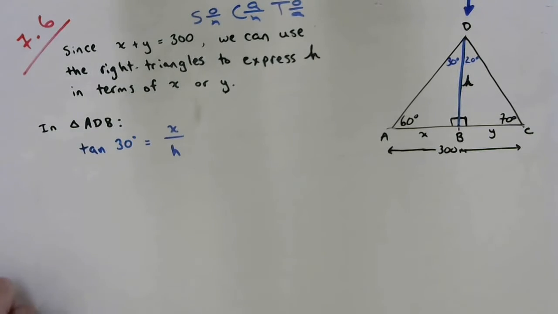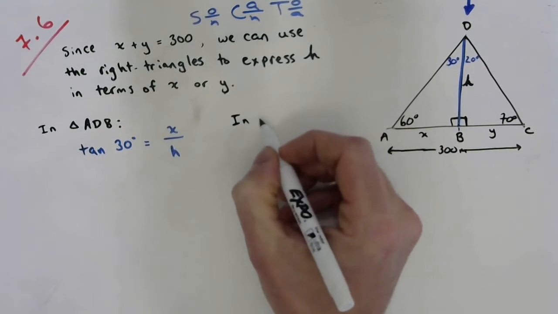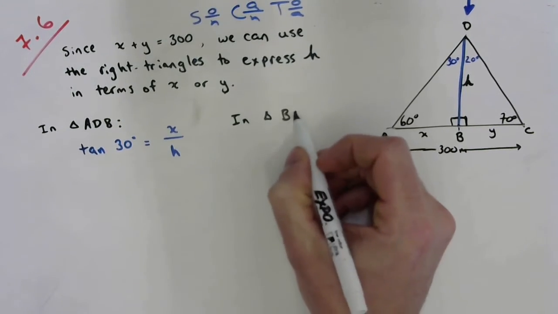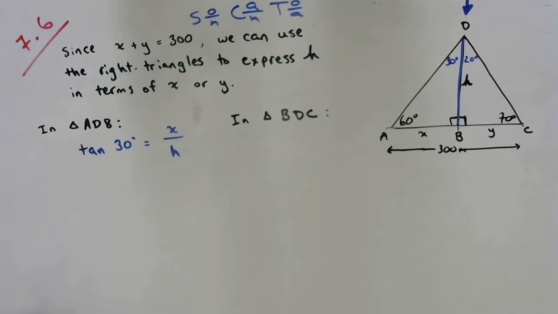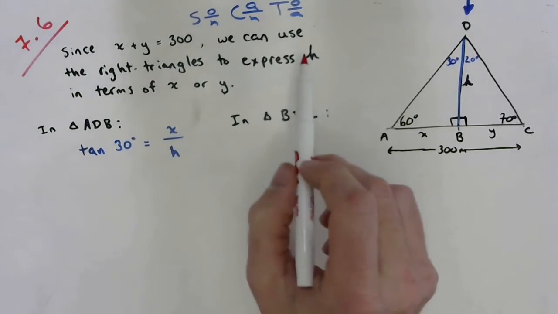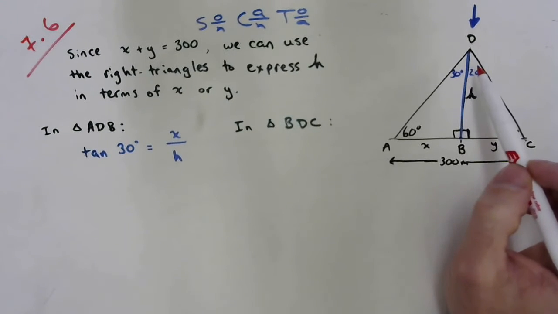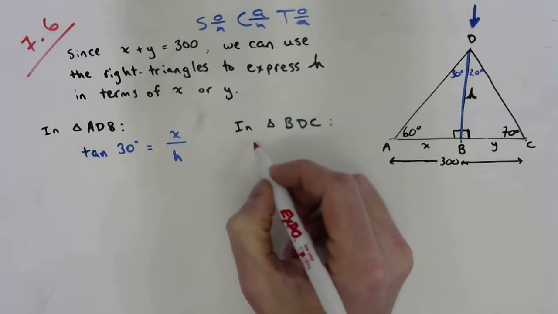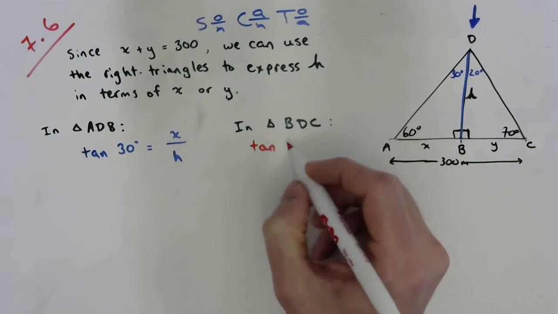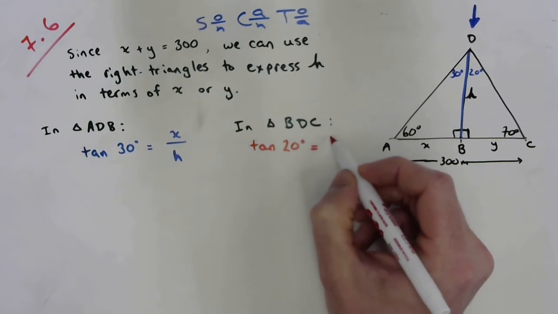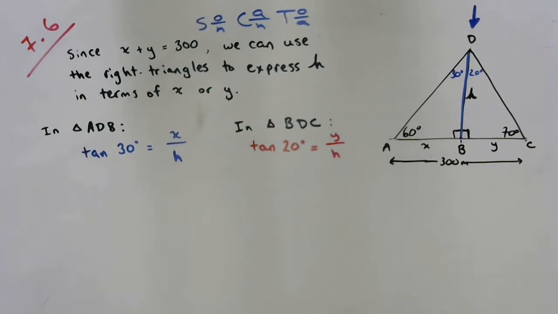Well, let's look at our other triangle, BDC. We don't need to worry too much about what order we're using the letters in. So in this triangle, what trig ratio, looking from angle D, is going to give me an expression that uses h and y? Tan also. Tan of 20 degrees equals y over h.